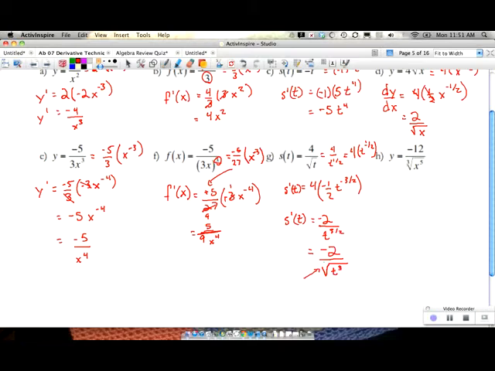Now just a little note, the index of the root right here, which is that number you write, the default, if nothing is written, is equal to 2. If it says the cube root of something, that's the same thing as that piece to the 1 over 3, I guess you could say.